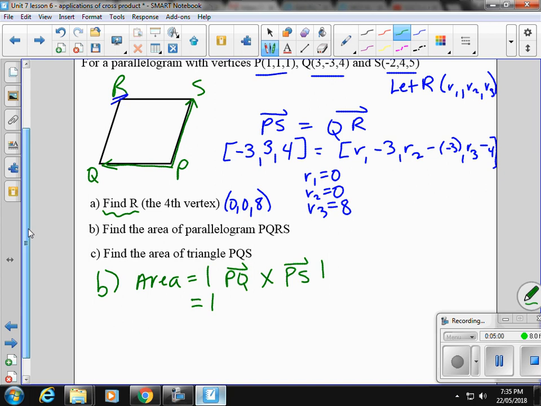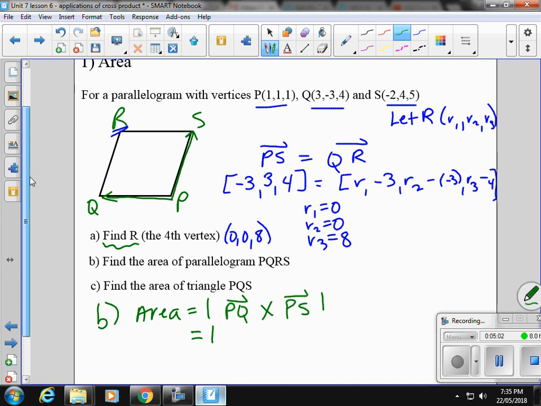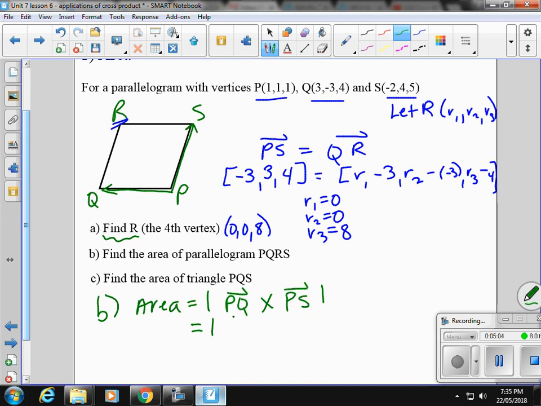Where is P? PQ, or can I find PQ? PQ would be, so 3 subtract 1 is 2, negative 4, 3, cross vector PS is negative 2 subtract 1, negative 3, 3, and 4. There we go.